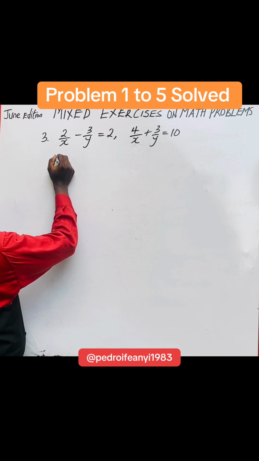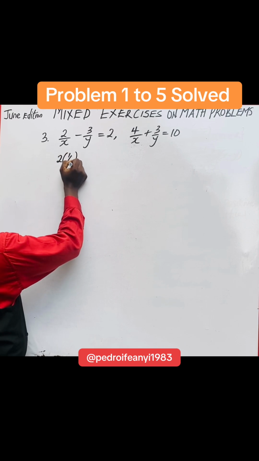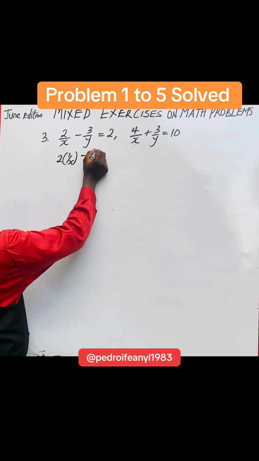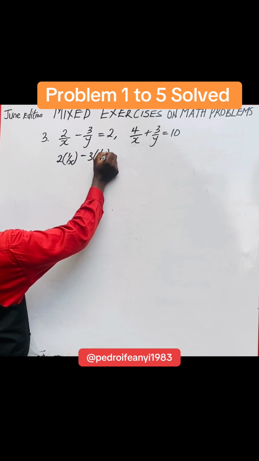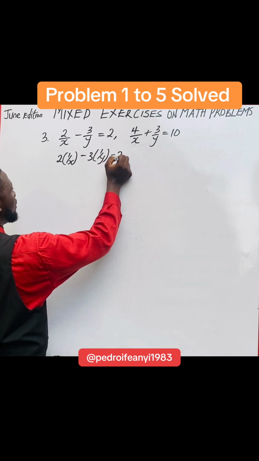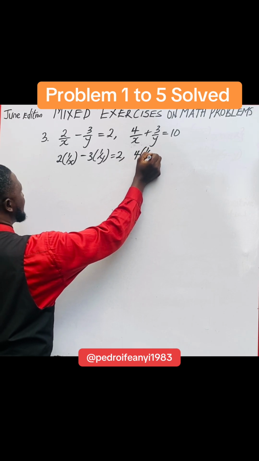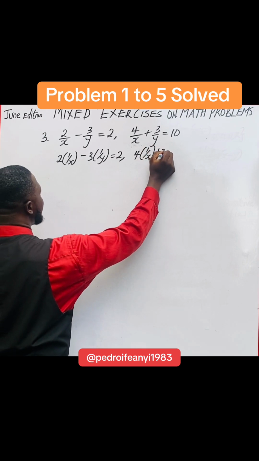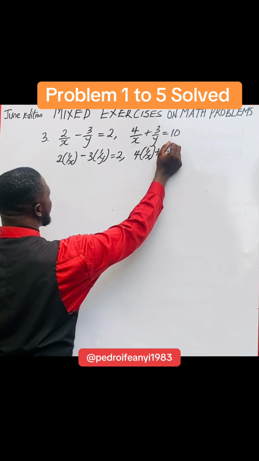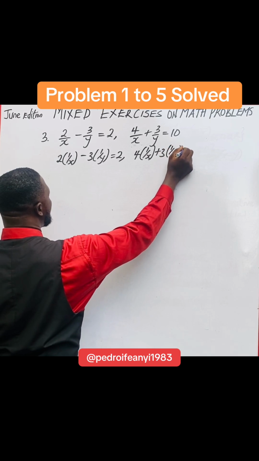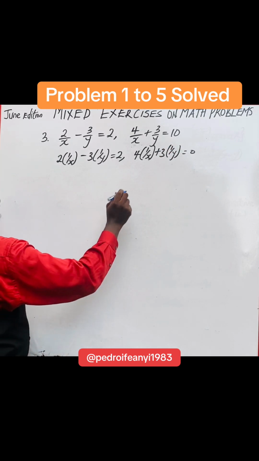This equation is going to be 2 into 1 over x minus 3 into 1 over y equal to 2. And this will be 4 into 1 over x plus 3 into 1 over y equal to 10.